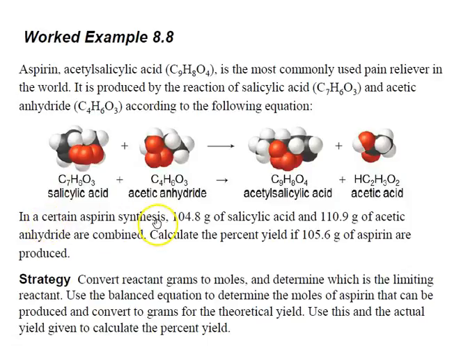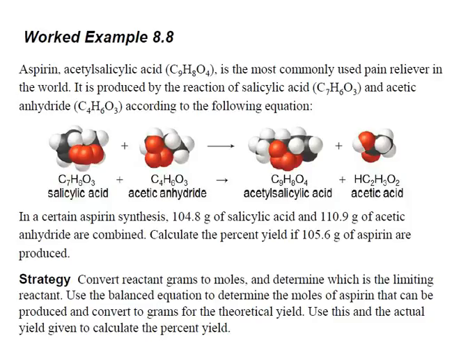So in a certain aspirin synthesis, we have 104.8 grams of salicylic acid and 110.9 grams of acetic anhydride combined. Calculate the percent yield if 105.6 grams of aspirin are produced. So our strategy here is to convert the reactant grams, which are given, to moles, and then figure out which one would be used up first, which is the limiting reactant. Then use the balanced equation to determine the moles of aspirin that can be produced.